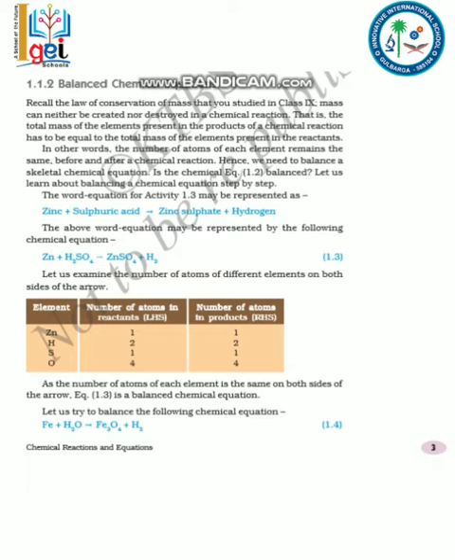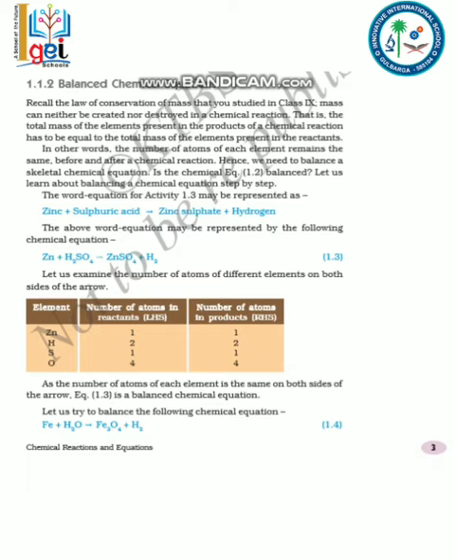So according to the law of conservation of mass, the number of atoms present in the reactants of a chemical equation, as we have learned in our previous topic, may be two reactants, maybe more than two.